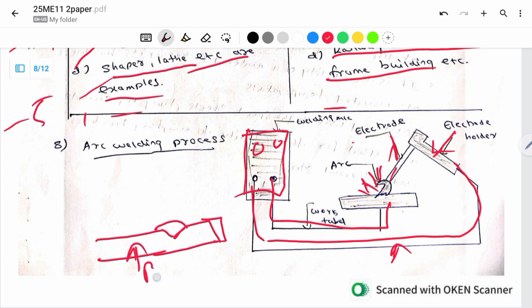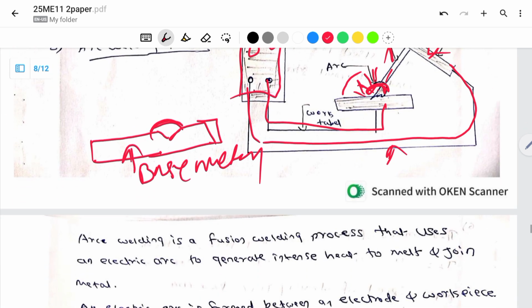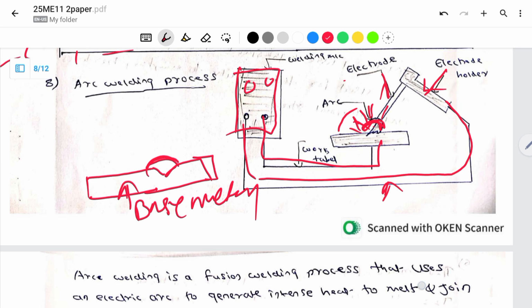So this is called the base metal. Here the base metal is also melted, and the filler material will be added to that. And here it will produce a certain shield to protect this from the other dust and all. So this is how the arc welding process takes place.